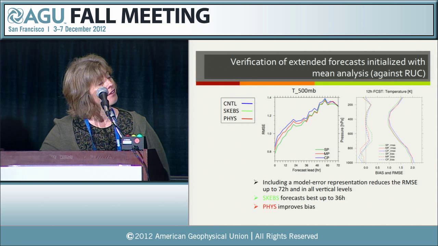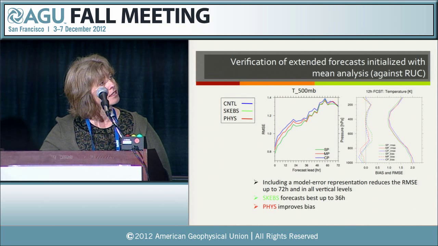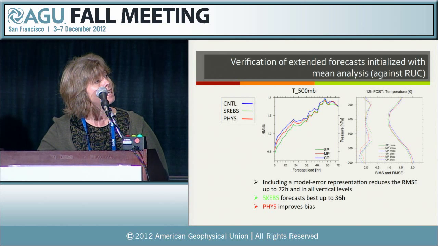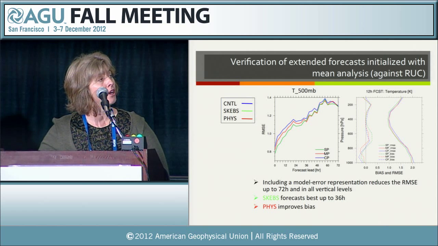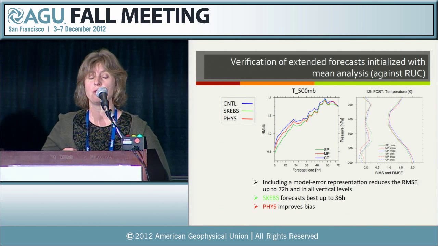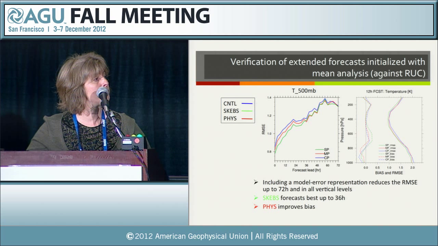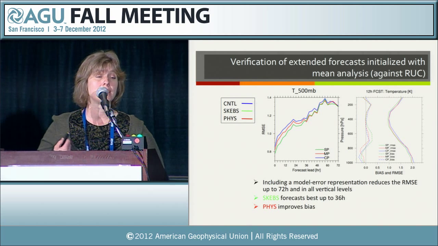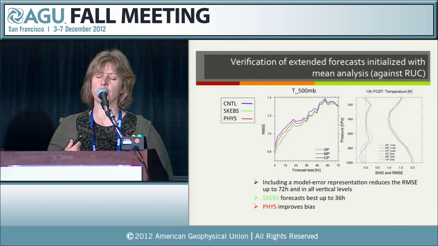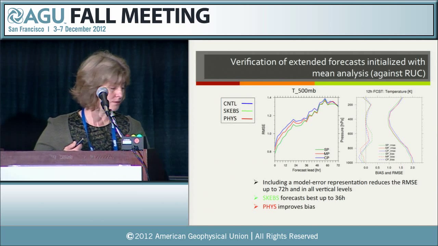And we see, again, for temperature, except near the surface, SCAPs. This is verified against soundings. We see that the SCAP scheme does do better, slightly better than the physics scheme, and they both do better than the control physics. I should say that the SCAP scheme tends to outperform the physics scheme in forecasts in the free atmosphere, but near the surface we get mixed results.